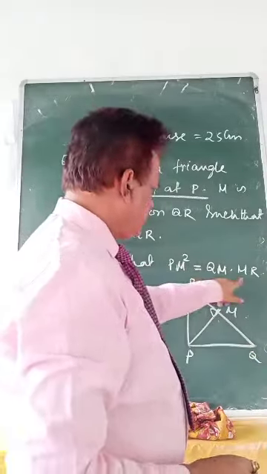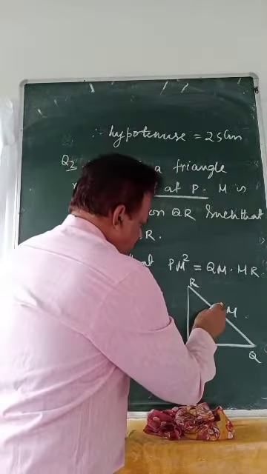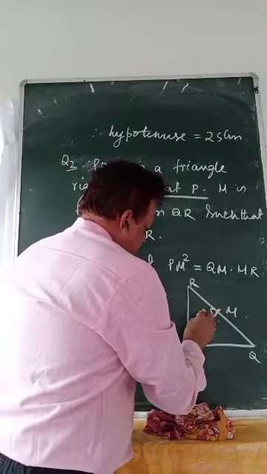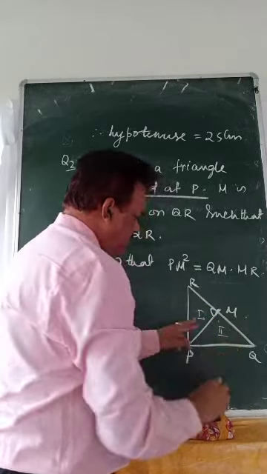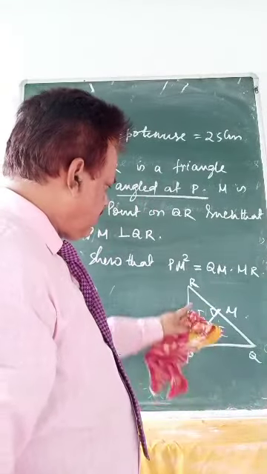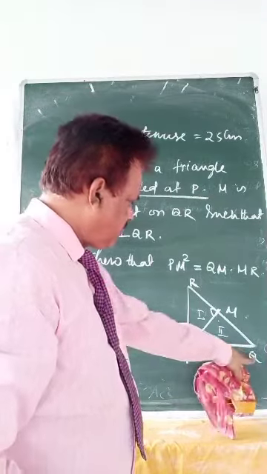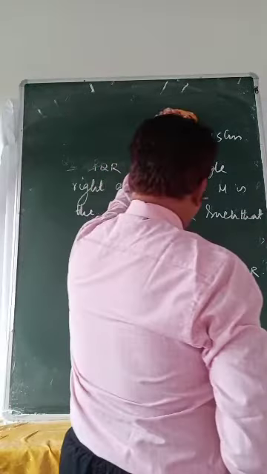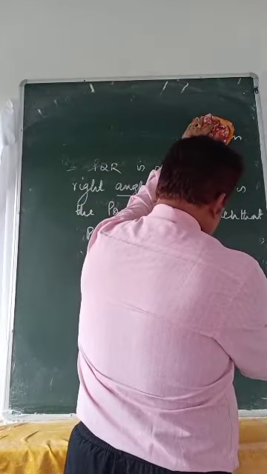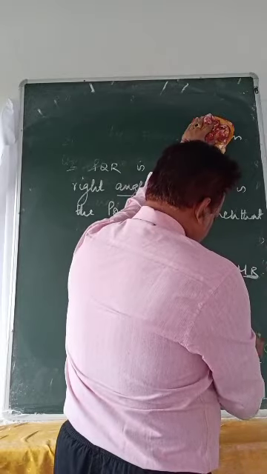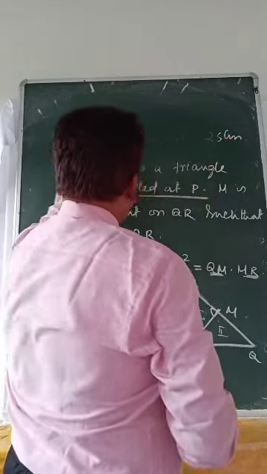So you have to prove this. Okay. So once it is a right angle, this is 1, this is 2. Just like Pythagoras theorem, take RPQ triangle, QM, MR. QM, MR you have to find out.